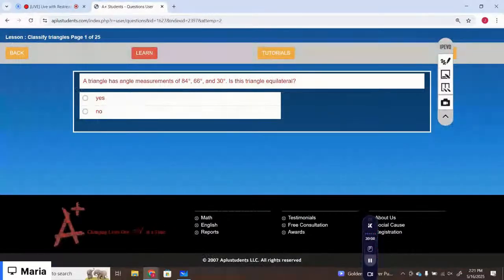A triangle has angle measurements of 84 degrees, 66 degrees, and 30 degrees.